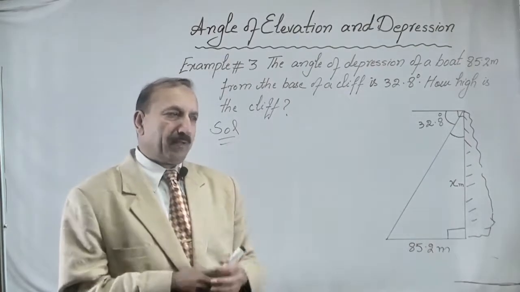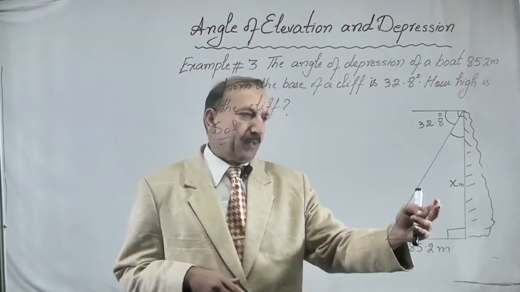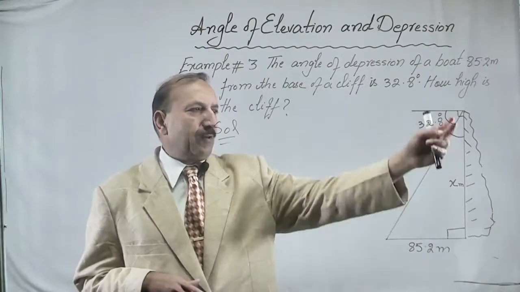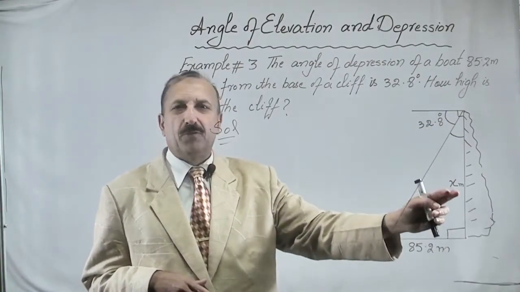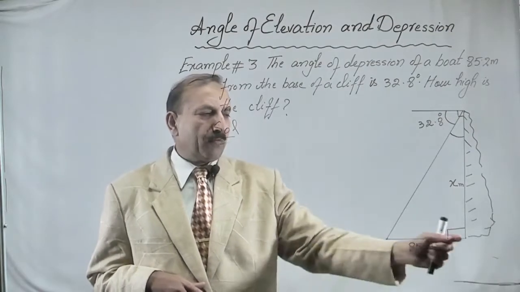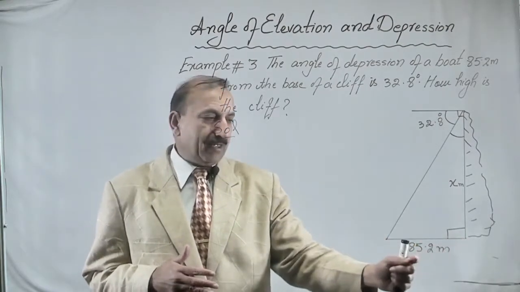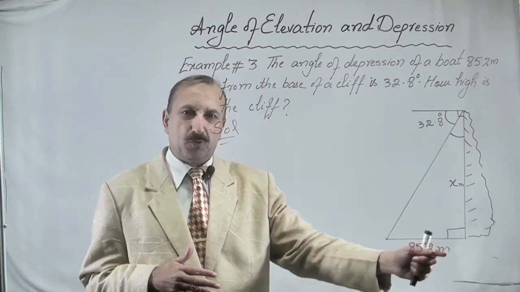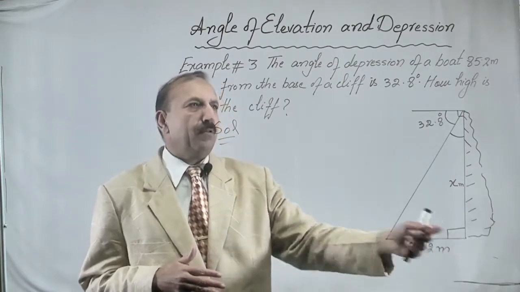So according to the given situation, I have drawn the picture. Here is the height of the cliff that we need to find, and the distance of this board from the foot of the cliff is given, that is 85.2 meters. This is away from the foot of the cliff.